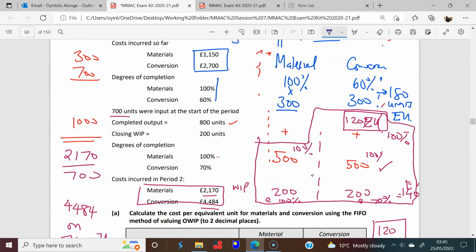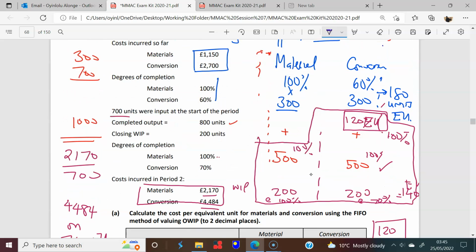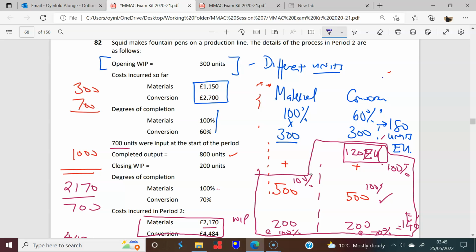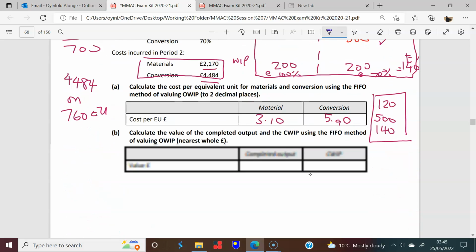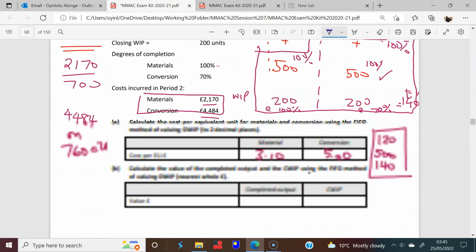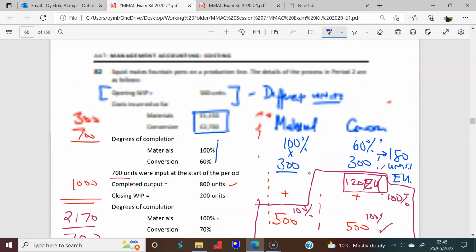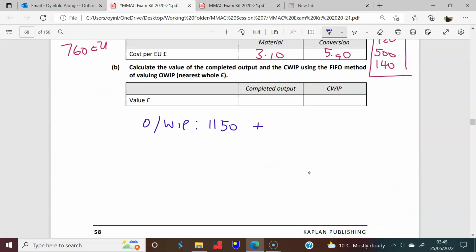Well, how did we get here? We have the first 300 units, which we know. So we have here this one as my opening work in progress valued. I'm not mixing it, so I'm keeping it separate. You can see, I'm having 1150 plus 2,700.